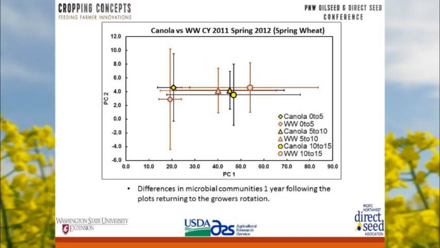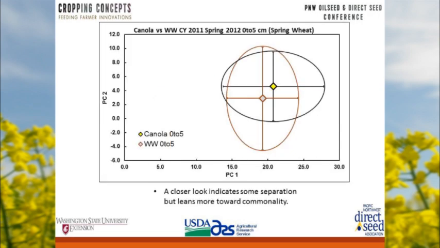Now we go to the year after the crop, so this is in 2012, in spring wheat, and those error bars get a lot bigger, a lot longer, and we see a lot less separation. There's more commonality. Focusing in, as you can see, they occupy a lot of the same area statistically, so we wouldn't be able to say that these microbial communities are different.